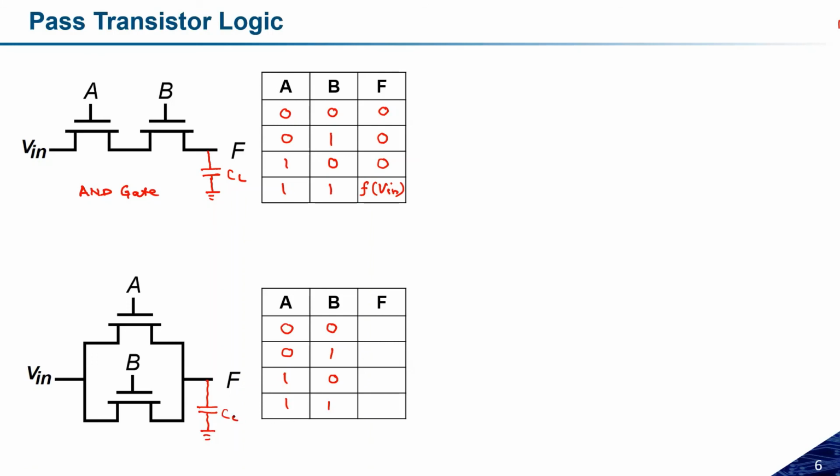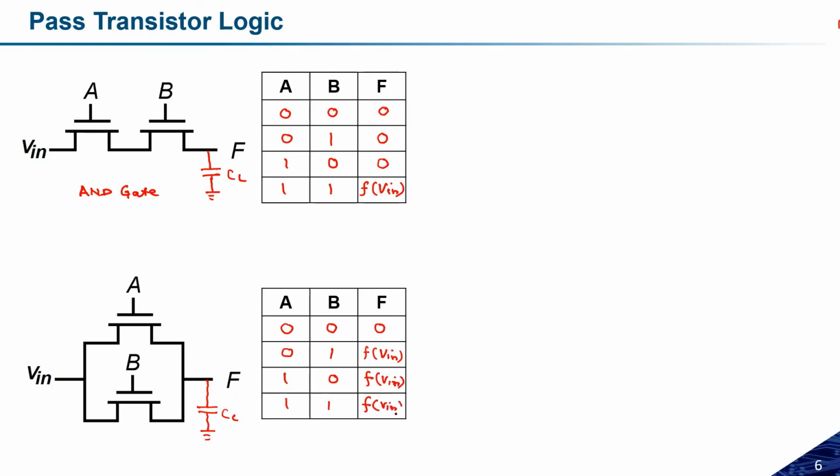So if it is initially discharged, F will be 0. But if any of these transistors is on, then whatever input I have will be reflected to F. So that becomes a function of V in. In any of these cases, it will be a function of V input.